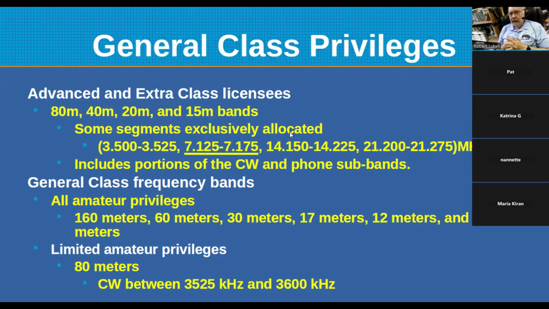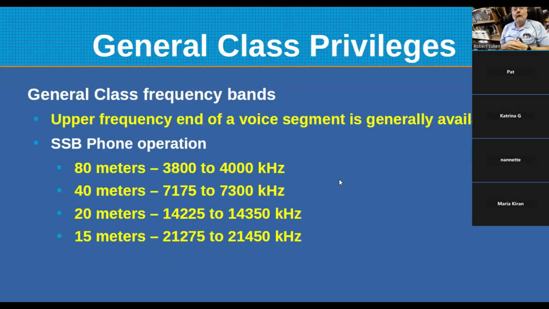You have some limited privileges on 80 meters where you can do CW between 3525 and 3600 kilohertz. I have no idea why they allocated it that way.